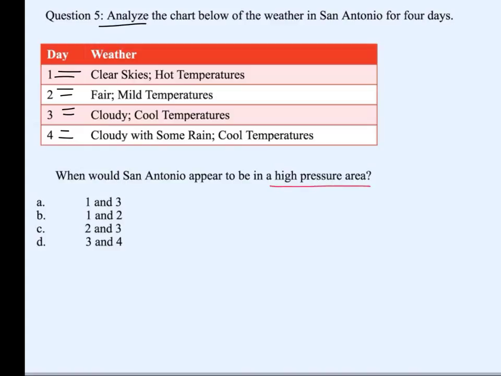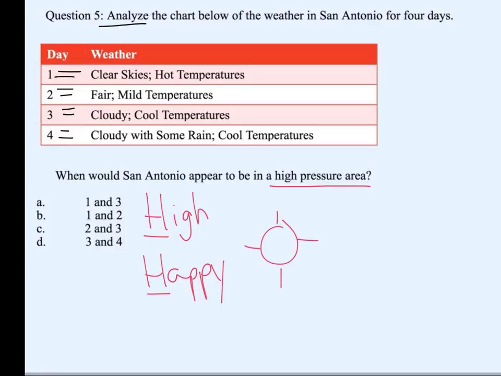So let's write down the strategies to remember for a high pressure area. We have that H, so what word do we think of? Great job. We think of happy. So if we're happy, we think of our sun. So let's look back at our days and figure out exactly which days are going to be sunny with clear skies.